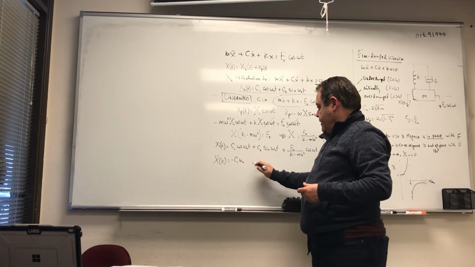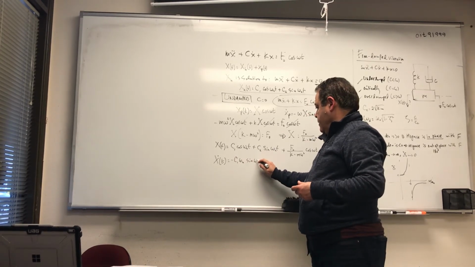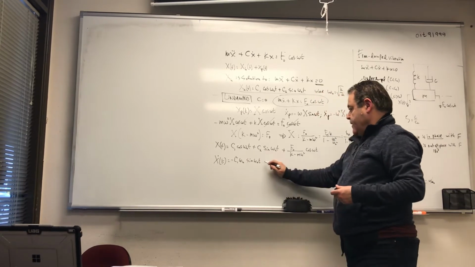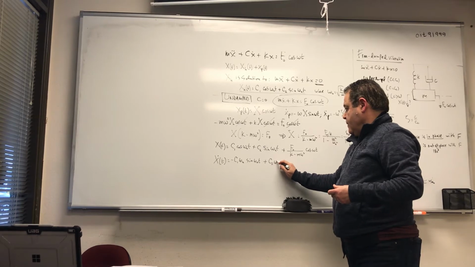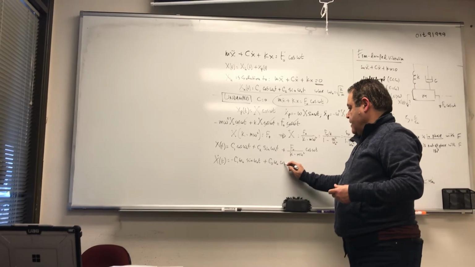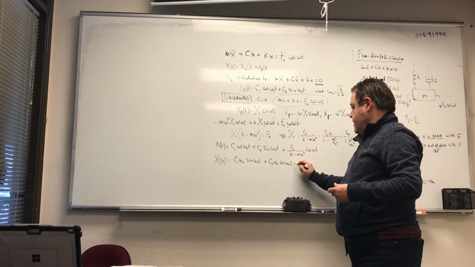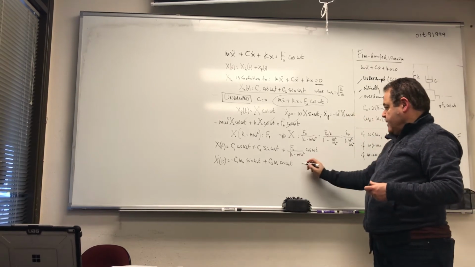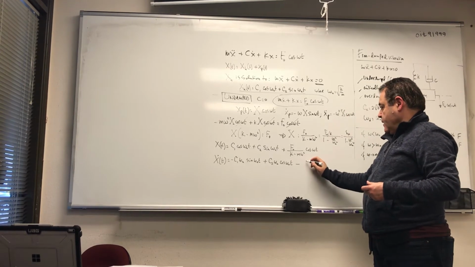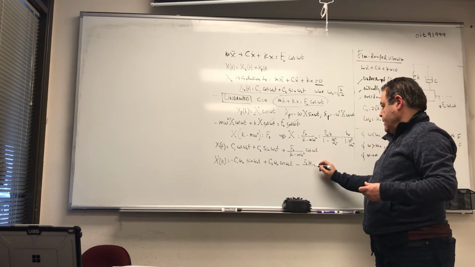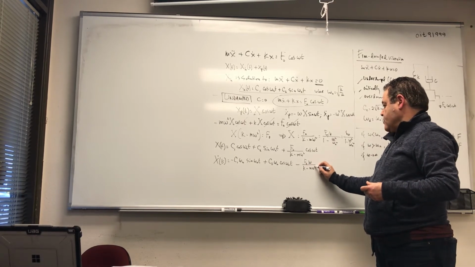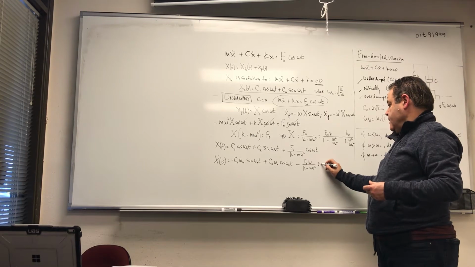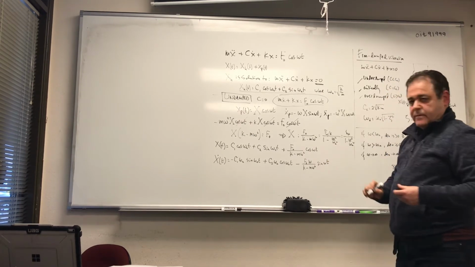sine omega n t, and then here plus C2 omega n cosine omega n t, and then here minus f0 omega divided by k minus m omega squared times sine omega t.